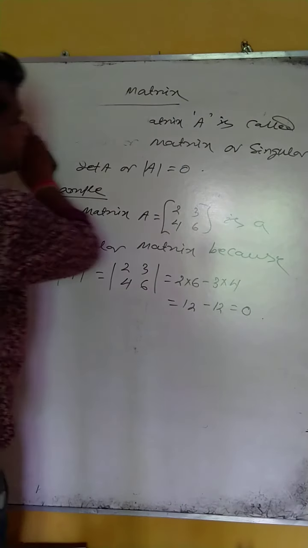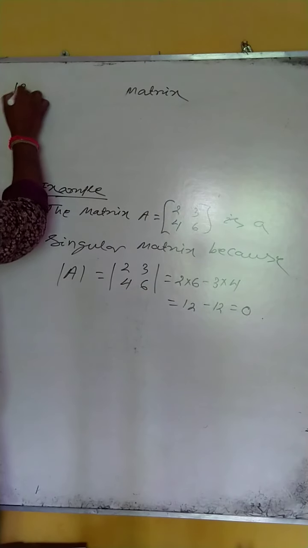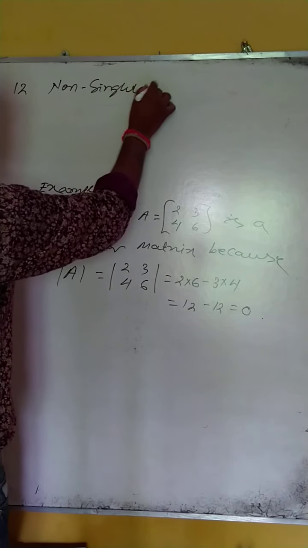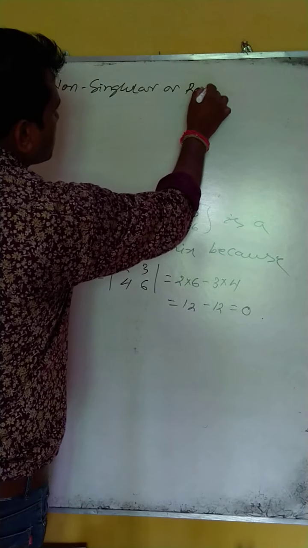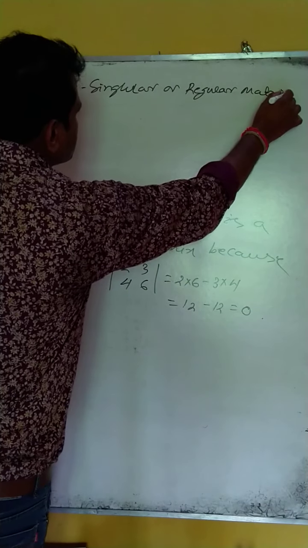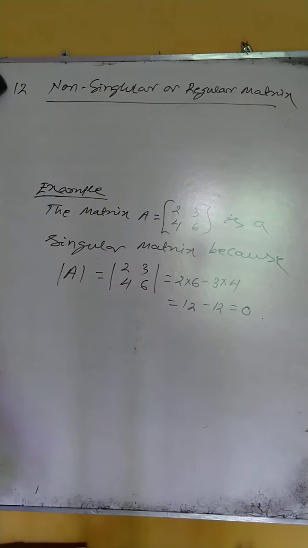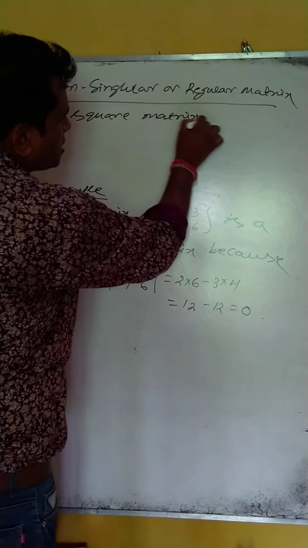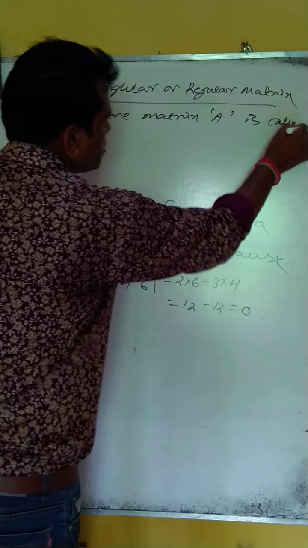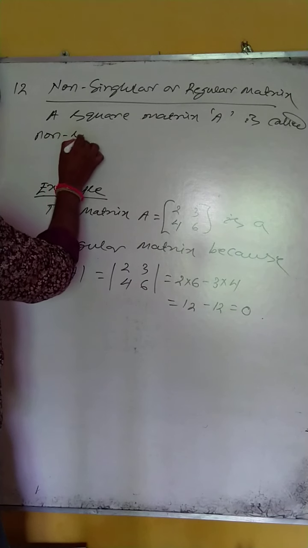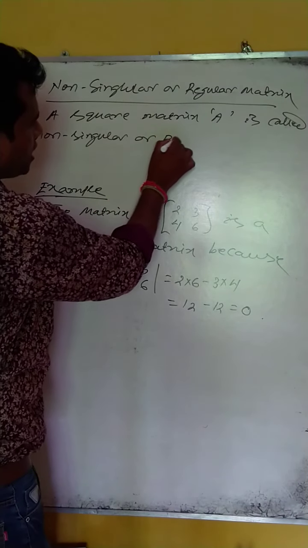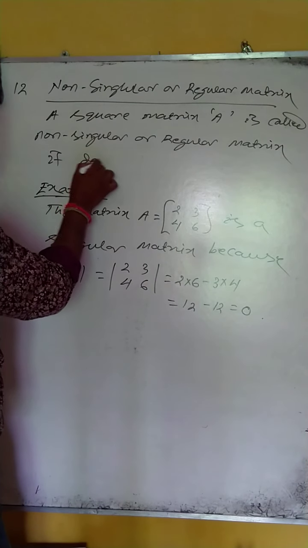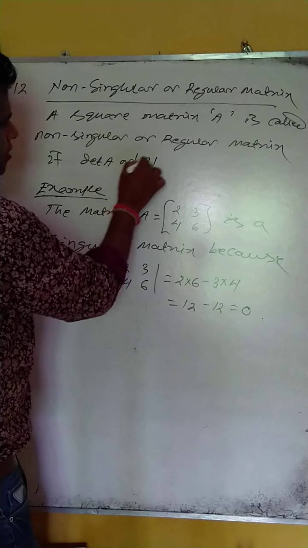Next, non-singular or regular matrix. A square matrix A is called a non-singular or regular matrix if determinant A is not equal to 0.